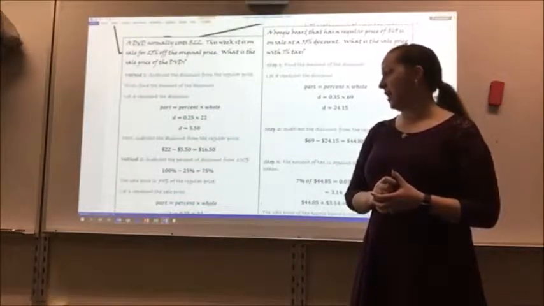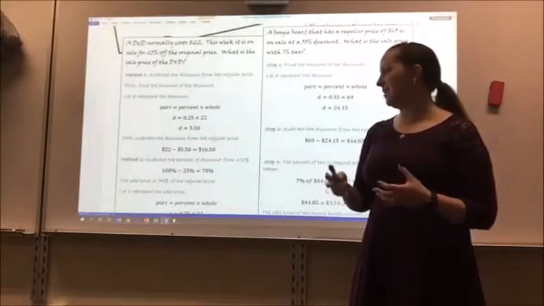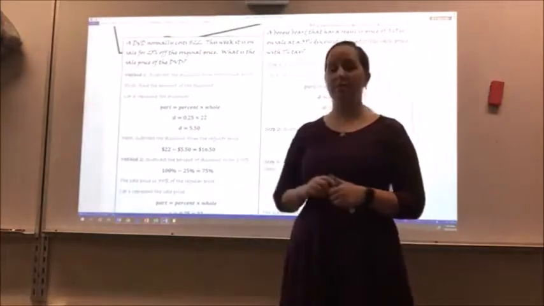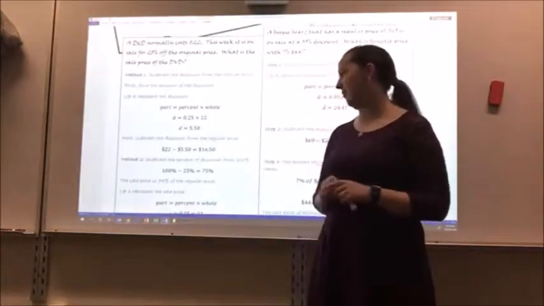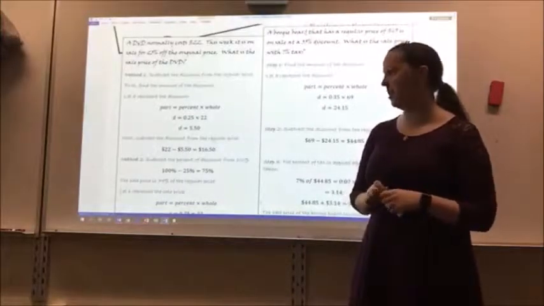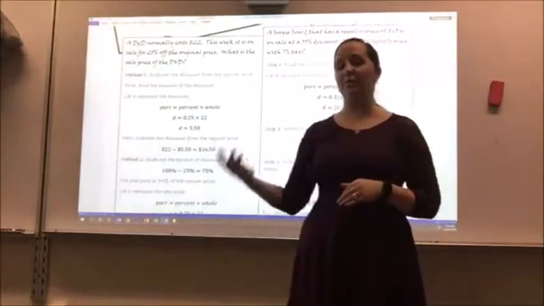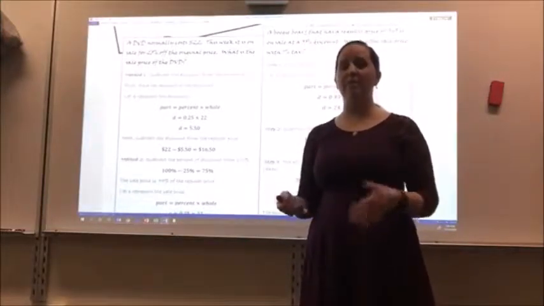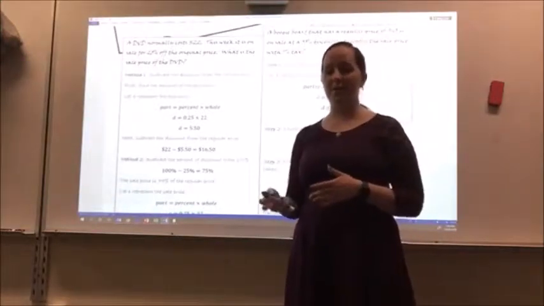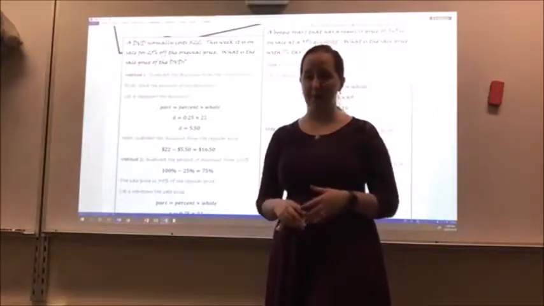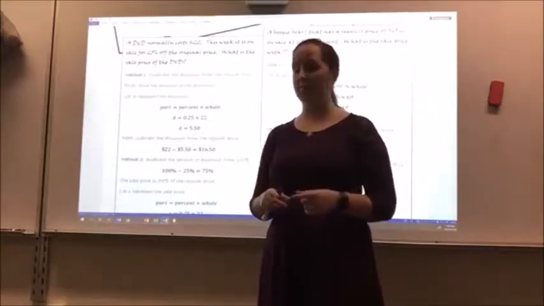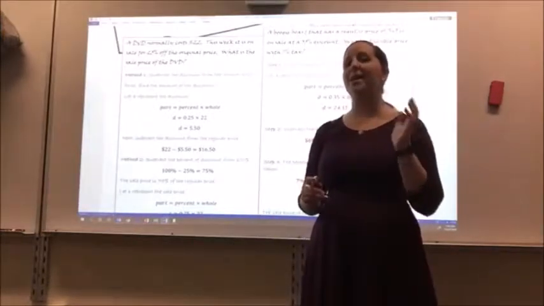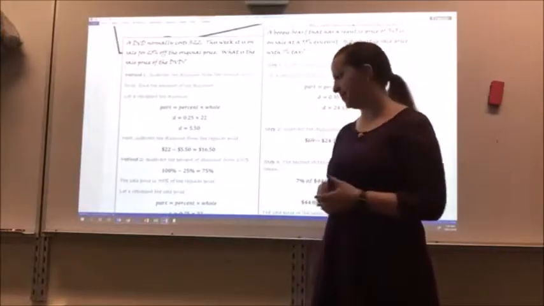So the sale price is 75% of the regular price. Okay, so this is method 2, subtract the percent of discount from 100%. So I take 100% and I subtract my discount. My discount was 25% off the original price, so I do 100% minus 25 will give me 75%. The sale price is 75% of the regular price.